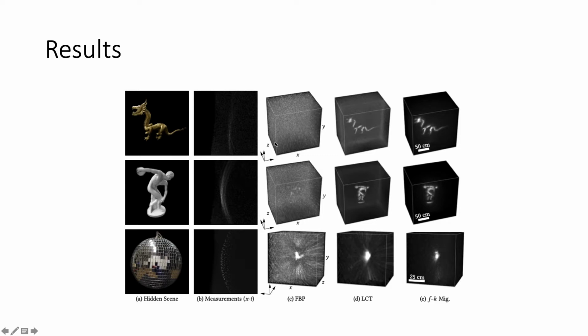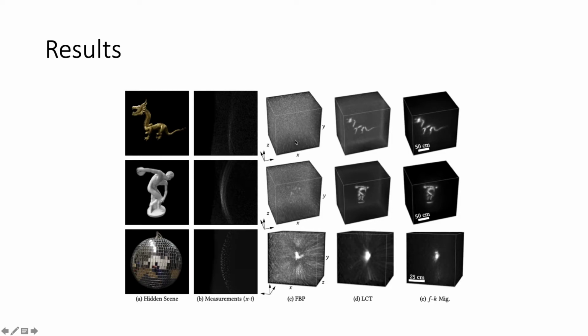We could see that the reconstructions of FK migration and LCT tend to be similar for diffuse and glossy objects, though FK migration generally appears less sensitive to noise present in the environment.